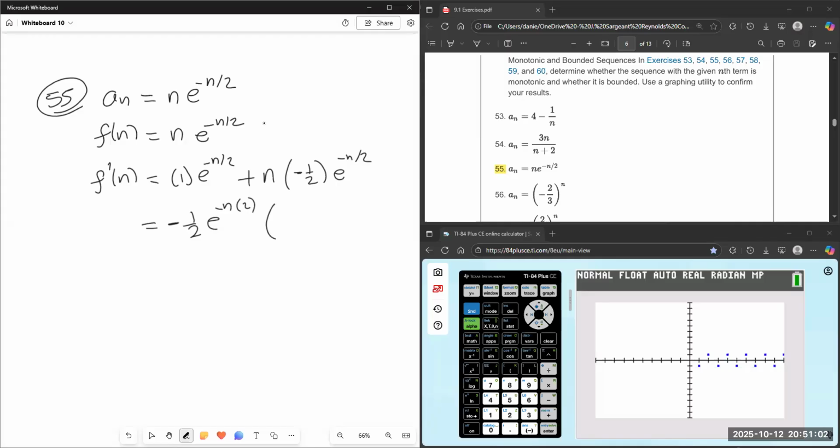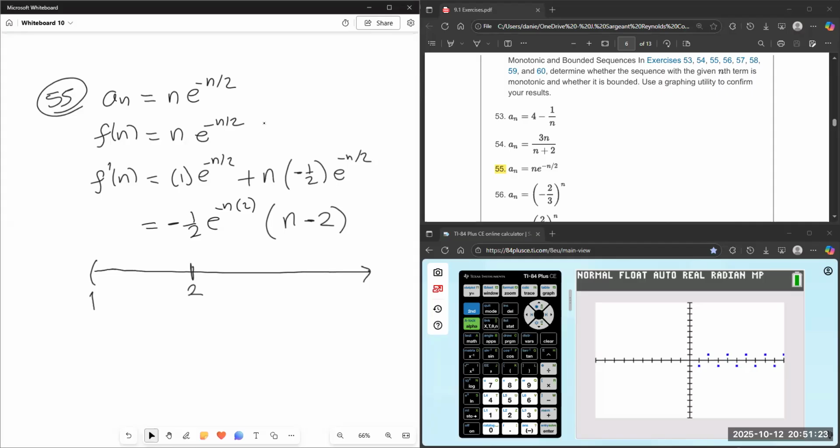And that's going to give me n minus 2 as the other piece. I know that n has to start at 1 here, and it looks like there's a critical number at 2.